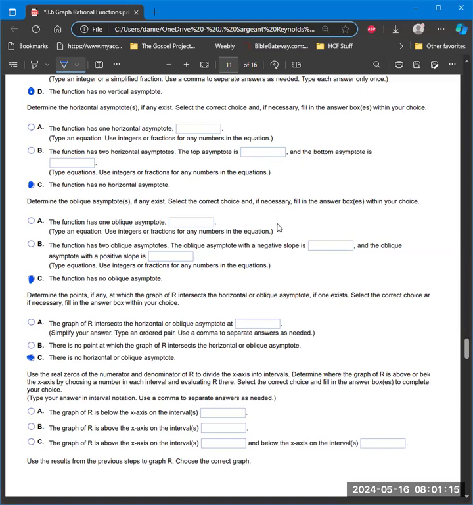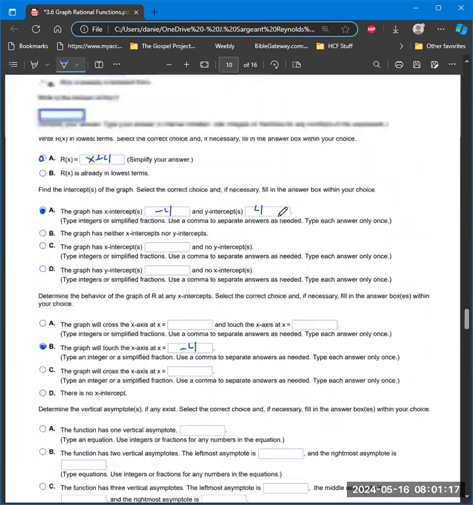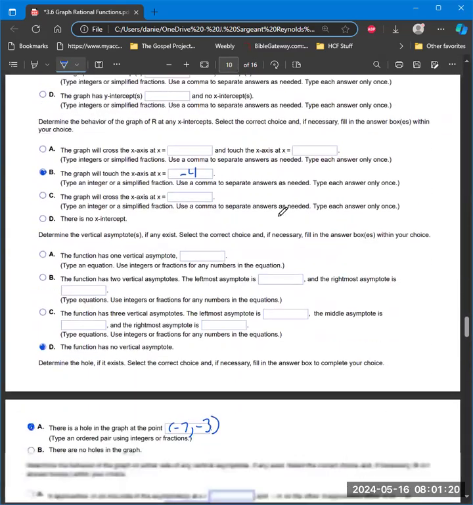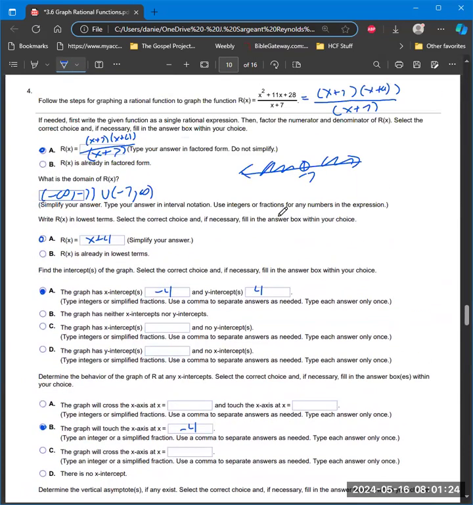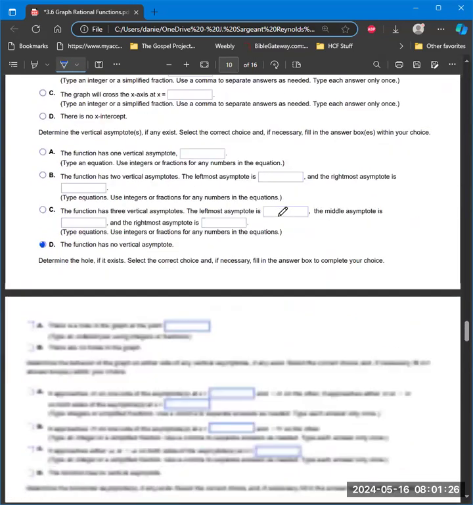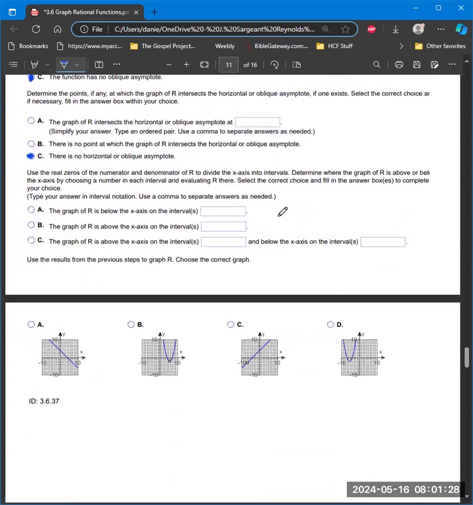And the x-intercept was at -7. Well, that's where the hole is. I'm sorry, it is at -4. So -4 is where the x-intercept is.